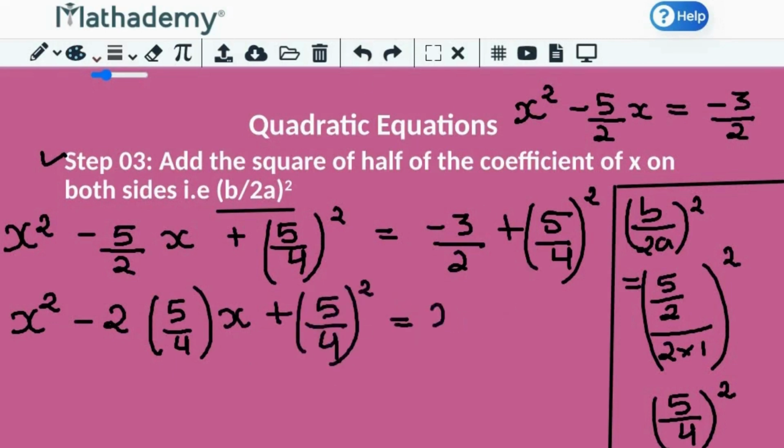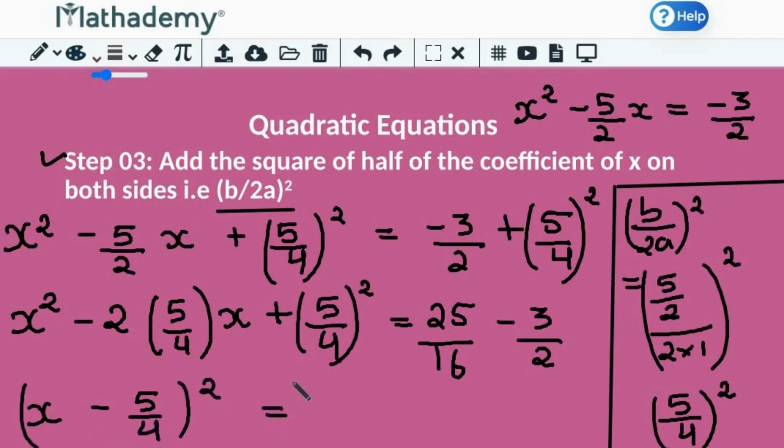This gives me 25/16 − 3/2. Now if I see the left hand side, it is nothing but a² − 2ab + b², so this becomes (a − b) the whole square, which is equal to, on solving the right hand side, 1/16.